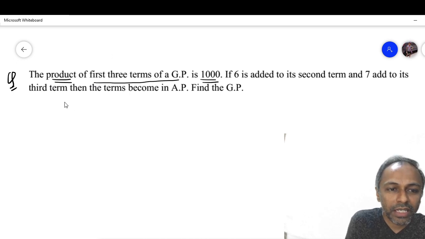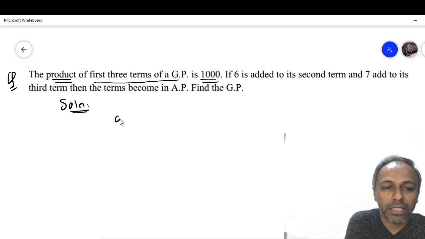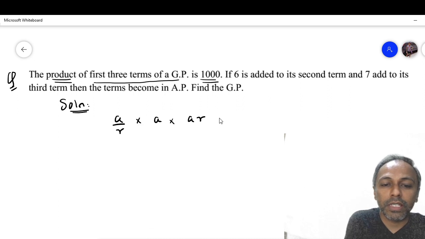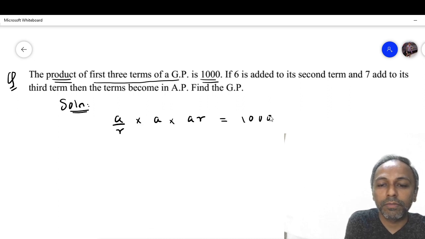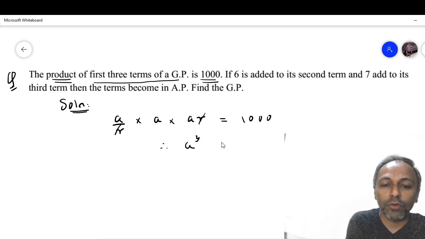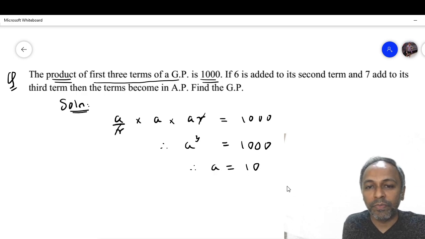Now we can therefore from the earlier experience take the three numbers as A upon R, A and AR, and the product of them is said to be equal to 1000. This leads to cancellation of R and you get A cube is equal to 1000. Therefore A is equal to 10 on taking cube root.